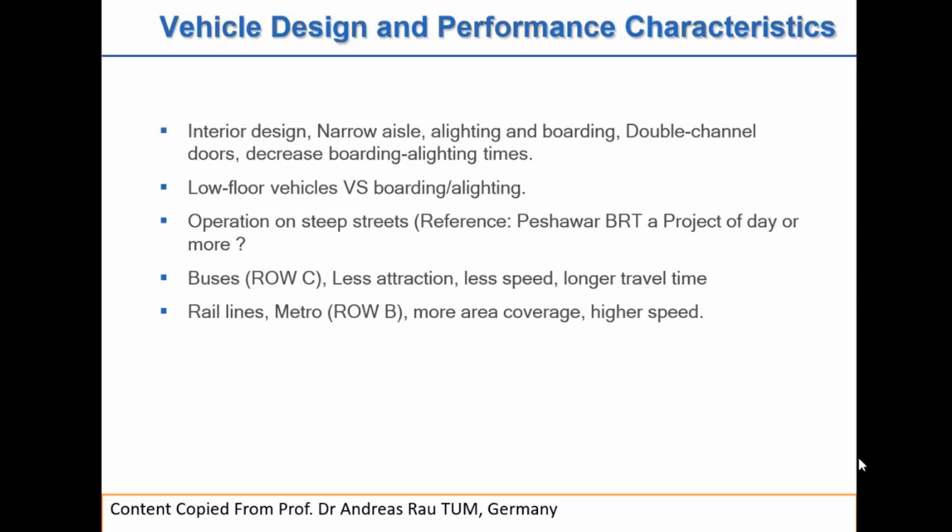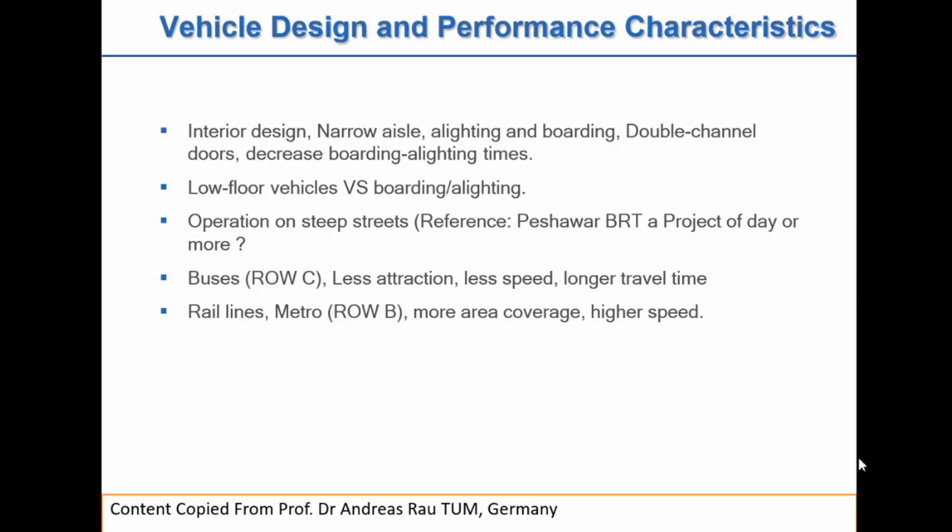And the third one is about operation on the steep grades. Most of the vehicles, you need to consider if they are electrically powered vehicles or buses or engines with stronger motors or special gearing systems, because we need to achieve a speed at a certain gradient, at a certain steepness. Its best example is Peshawar BRT, because in most cases it's supposed to go at a speed of 60 km per hour.